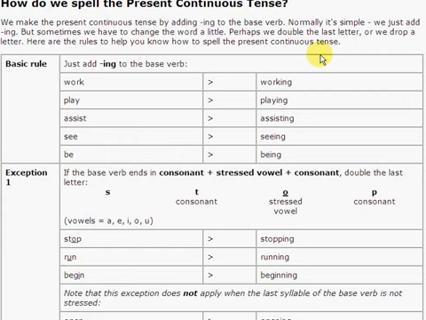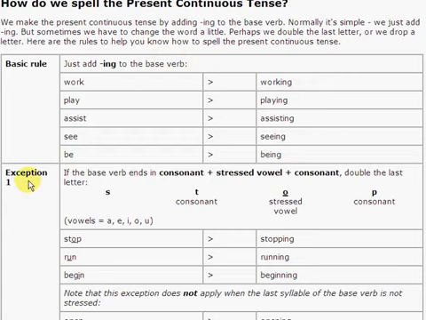But sometimes we have to change the word a little. Perhaps we double the last letter or we drop a letter. Here are the rules to help you know how to spell the present continuous tense. So like what I said, the basic rule is just add ing to the base verb. Just like these words. But we have some exceptions.